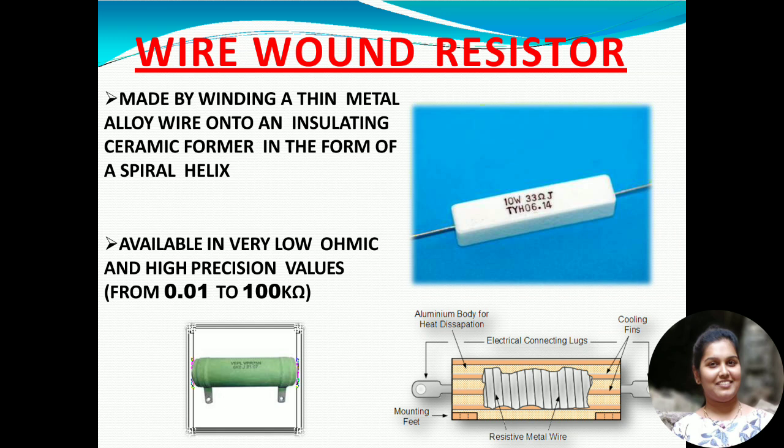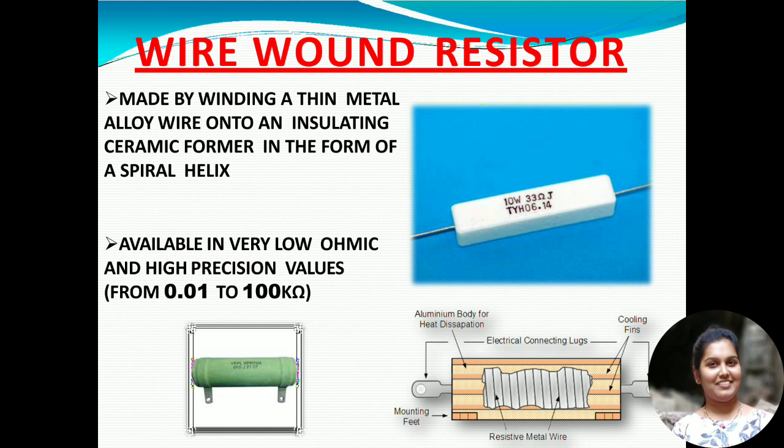That wire will act as a resistive material, and that entire setup, onto which the two edges are connected to two terminals, is nothing but a wire wound resistor. These resistors are available in very low ohmic and high precision values, from 0.01 ohm to 100 kilo ohms.